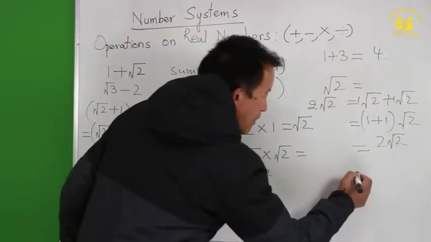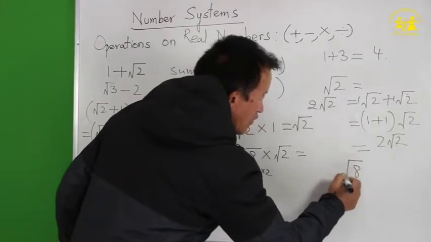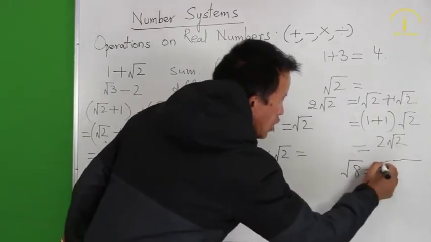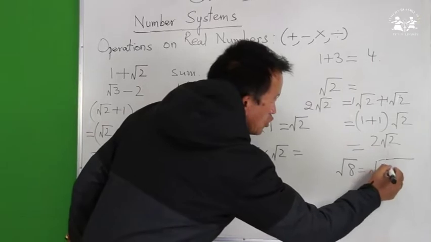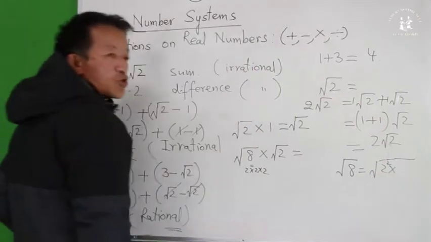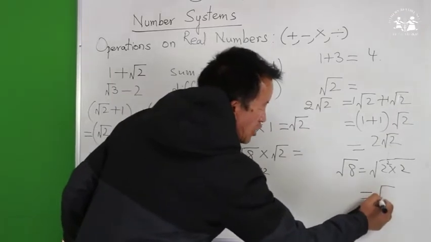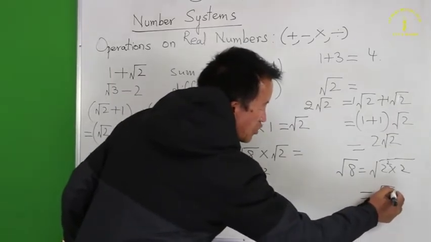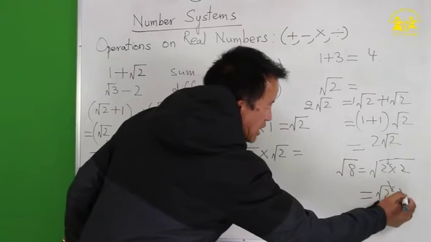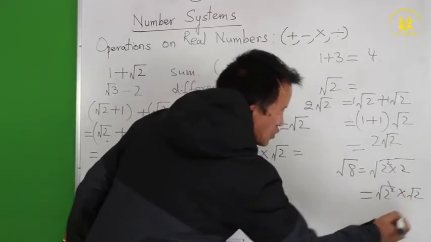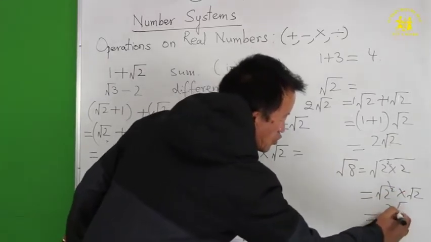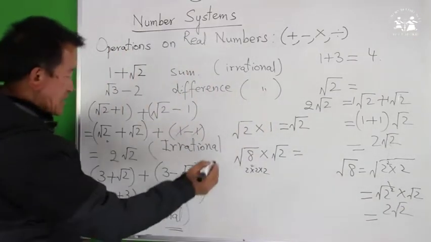Then square root of 8 is equal to 2 into 2 square into 2. Square root of 2 square cancels, so it is 2 square root of 2.